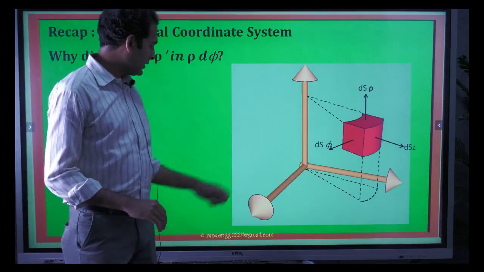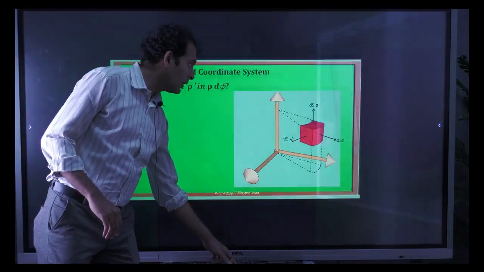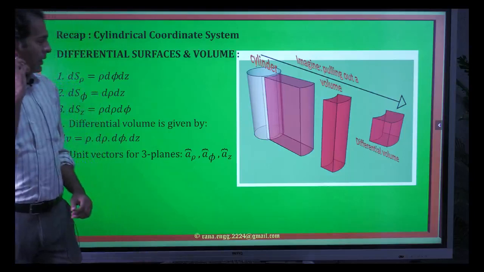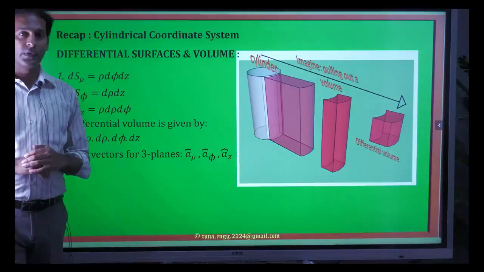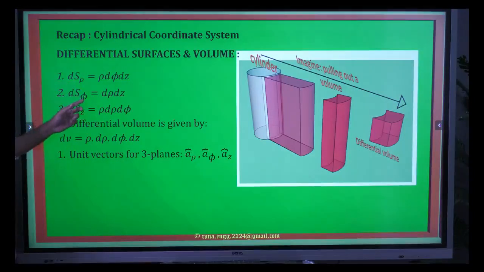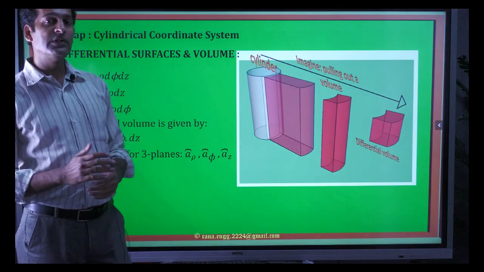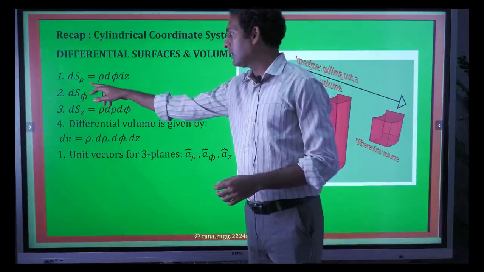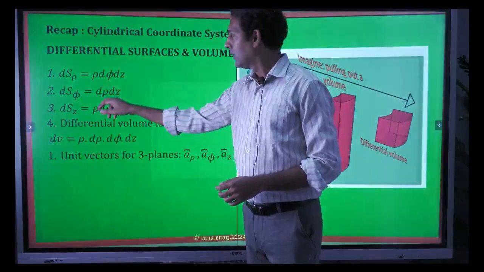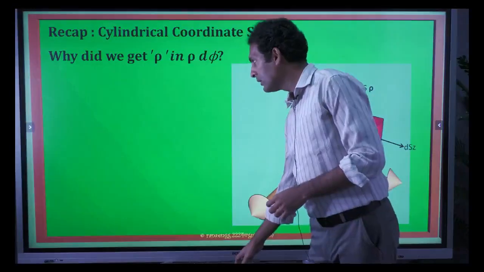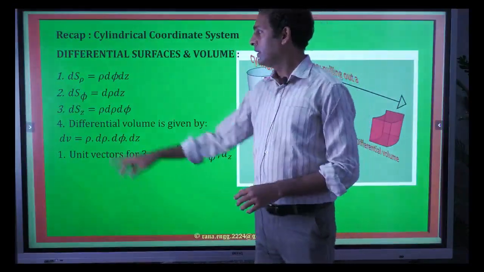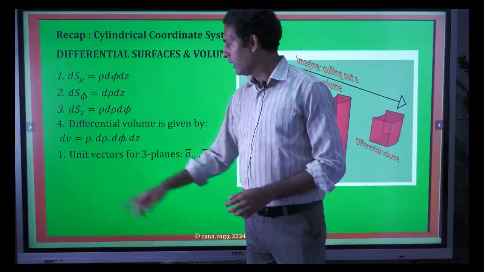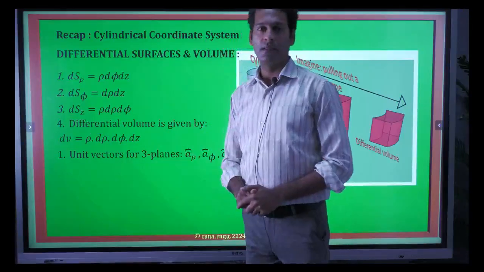Then we imagined ourselves in a cylindrical classroom, and there we saw different elements. The important elements are three differential surfaces. First is the differential surface where the radius is constant, ds r or ds rho. Second, the phi constant plane, ds phi. Third is ds z.